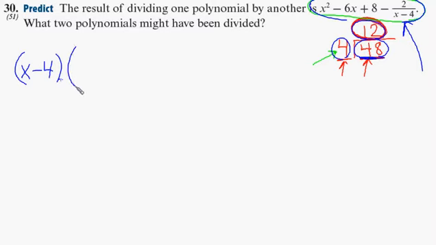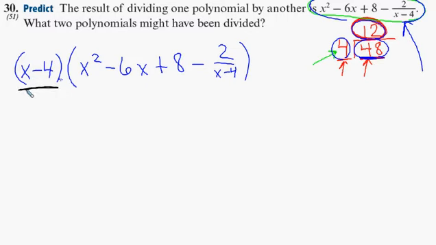So let's try that. We've got x squared minus 6x plus 8 minus 2 over x minus 4. Now, let's use the distributive property. I'm going to do something that may blow your mind a little bit, but not too much, because you all are smart. I want us to multiply x minus 4 times this last term first.